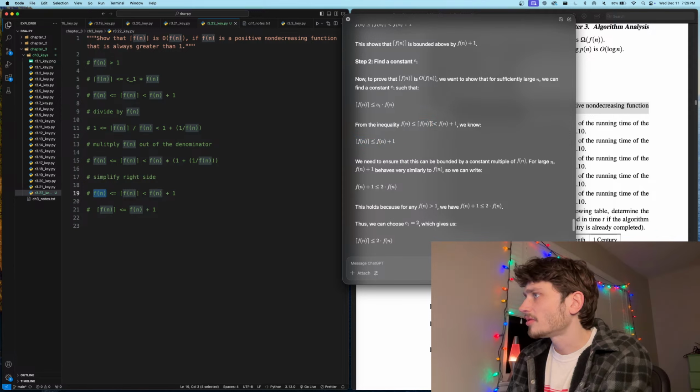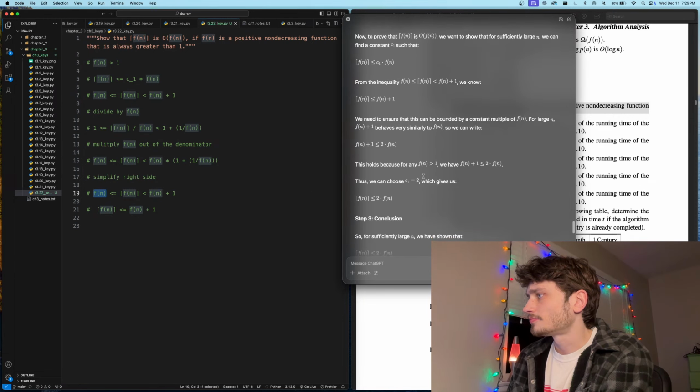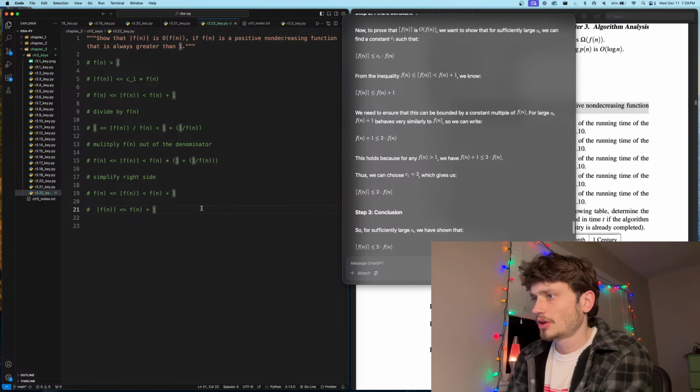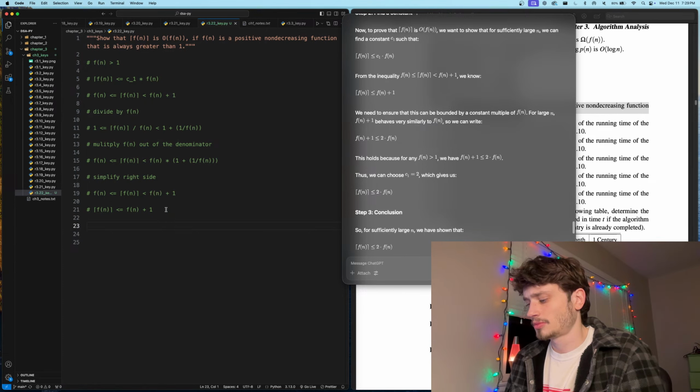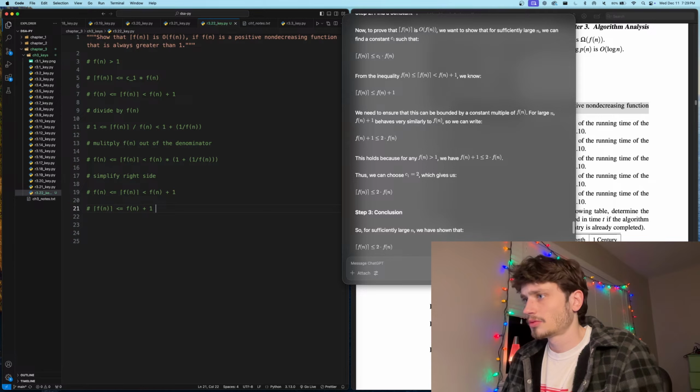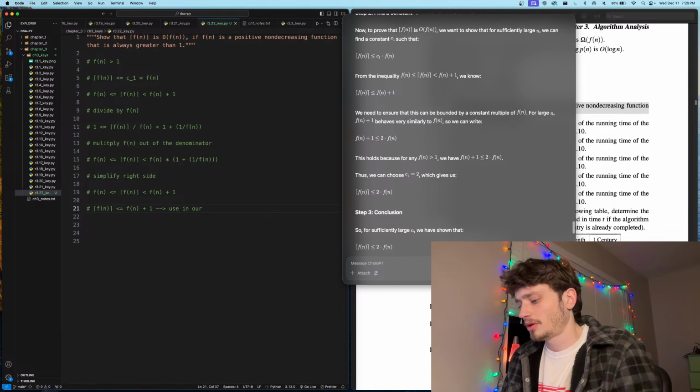The ceiling, okay. So now what we'll do is use this in our big O inequality, right?